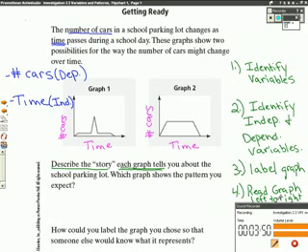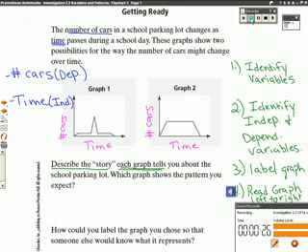Okay, so now we're going to get ready to go. As I was saying, when we read a graph, you read a graph left to right. So we're going to start reading these graphs by using the two variables. When you read the graph, you always start with the independent variable, and then you explain how the dependent variable is adjusting.